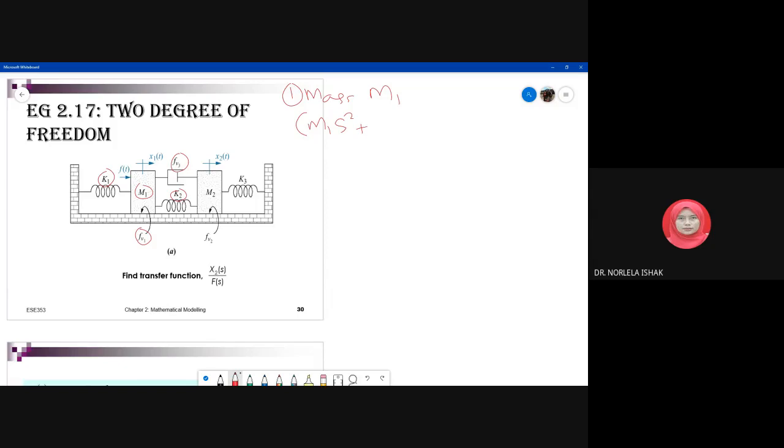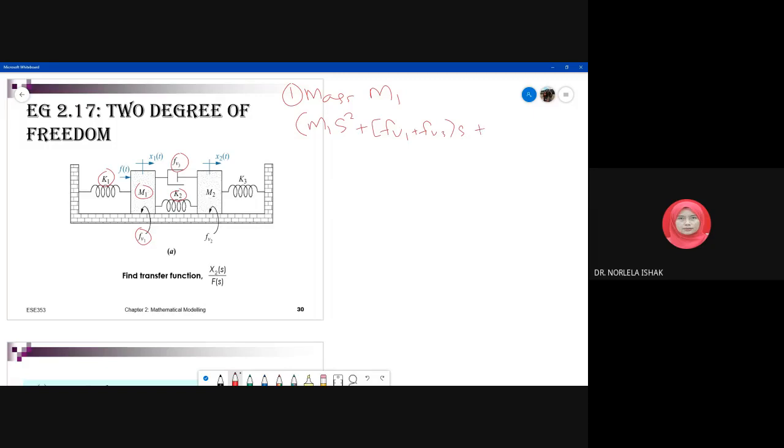Okay, so now how to derive? So Ms squared plus we have 2 dampers, FV1 plus FV3. Okay, this is all S multiply dengan S, meaning both ada S lah.